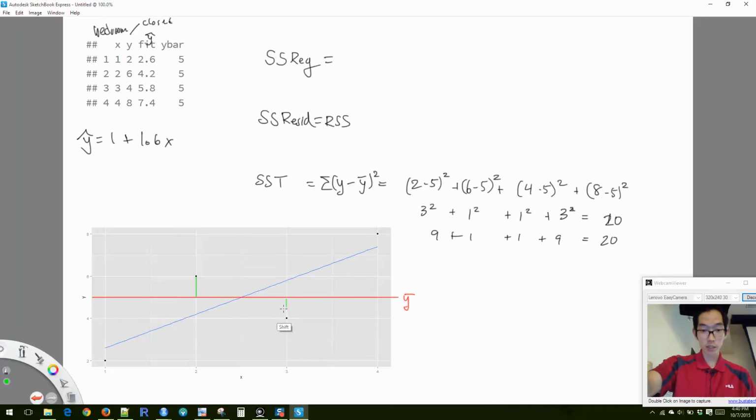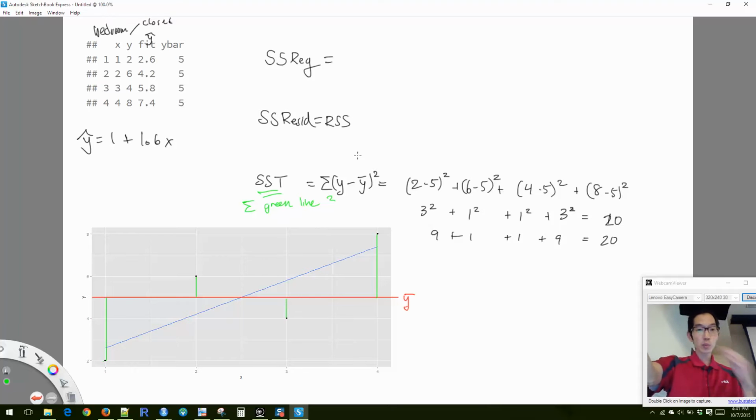So we're getting at the difference between each dot and the bar. And if we square each of these green distances, this would be sum of squares total. Okay, so the sum of the green line squared, and we get 20 there.